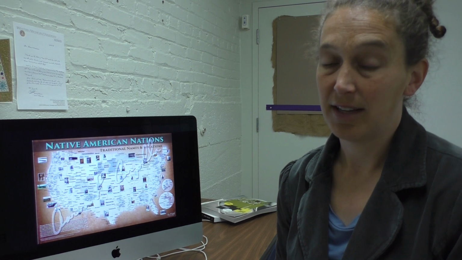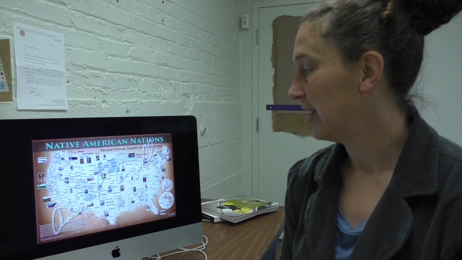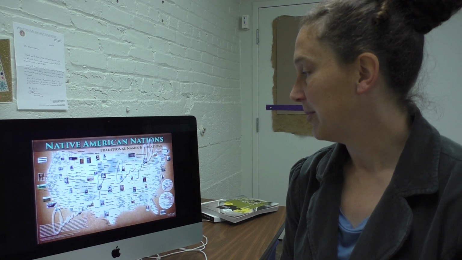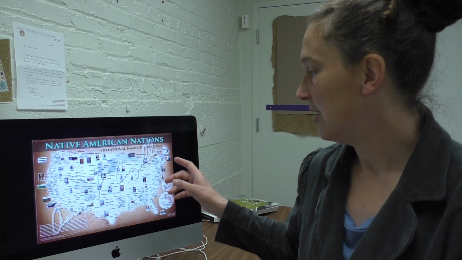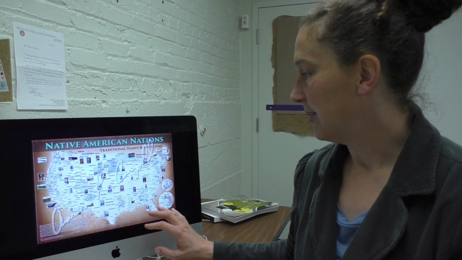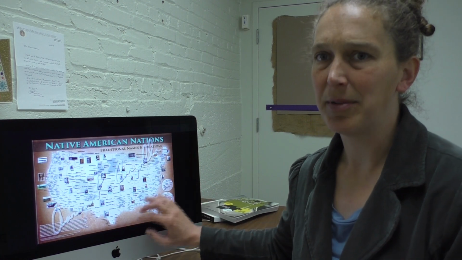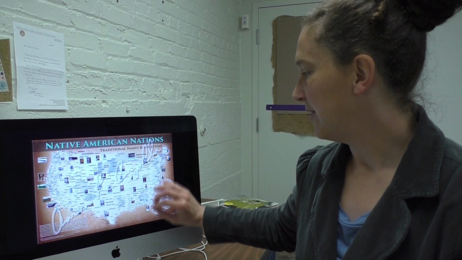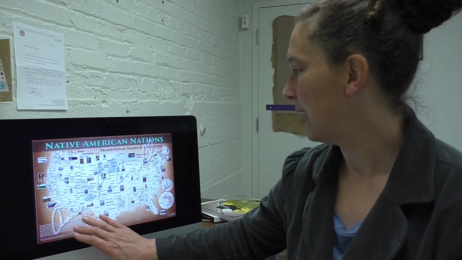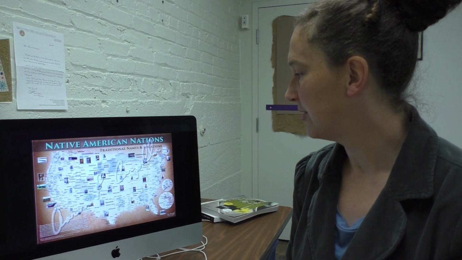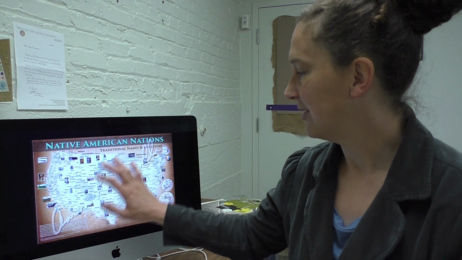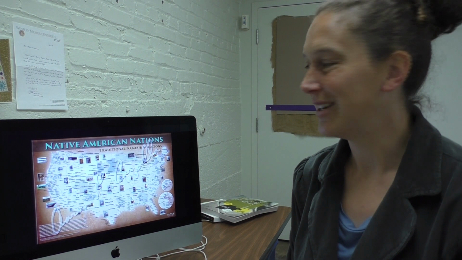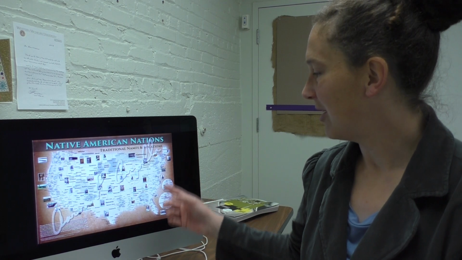But prior to European arrival, the space was kind of similarly populated in that there's a lot of nations along the waterways, along the edges of the coast, and then not as many in the center. So that's interesting. People tend to like water, so they find themselves near water, even if it's not drinkable water like the ocean.